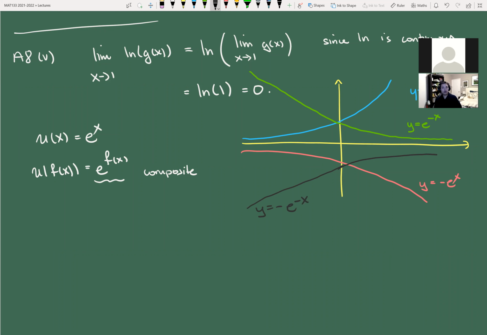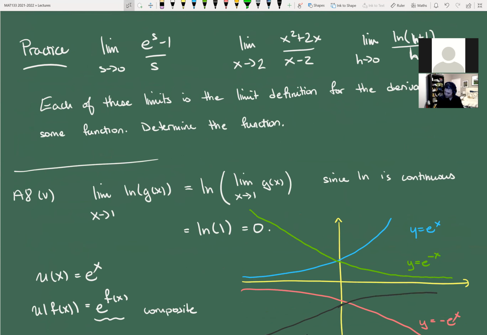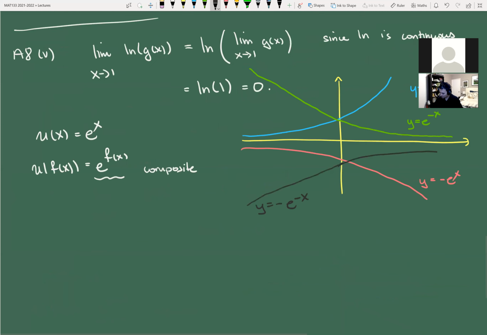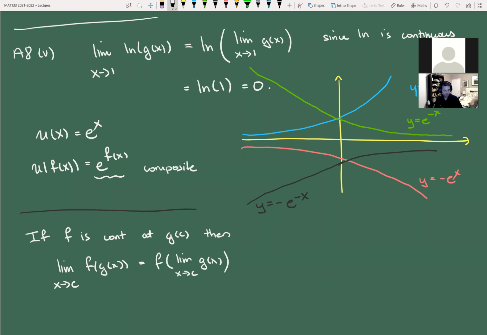Right, so the question is, how do you do 5? For 5, the critical idea here is that ln is continuous. Let me recall, this is from last week. If f is continuous at g of c, then the limit as x approaches c of f of g of x is f of the limit as x approaches c of g of x.